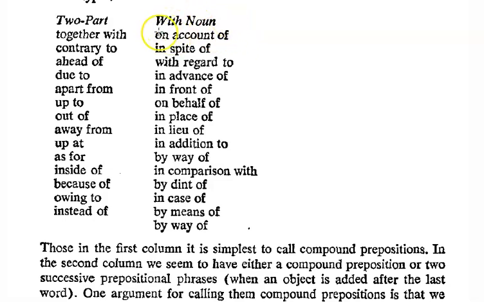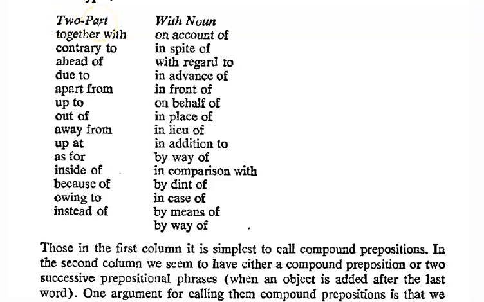I mean, with a noun in the middle between the two prepositions, like on account of, in spite of, in place of, in comparison with, etc. So these are examples of compound prepositions.